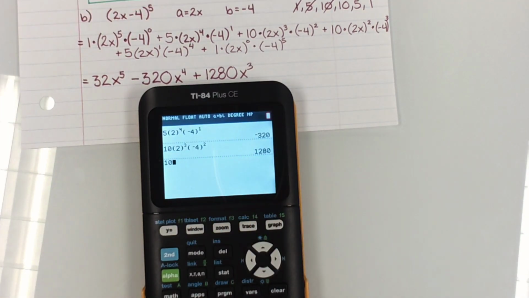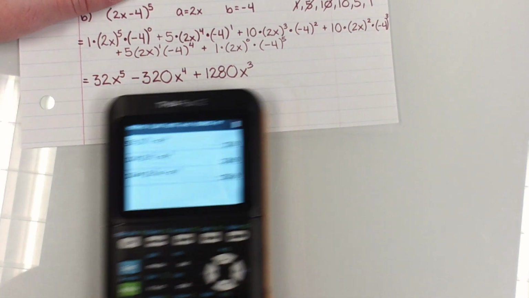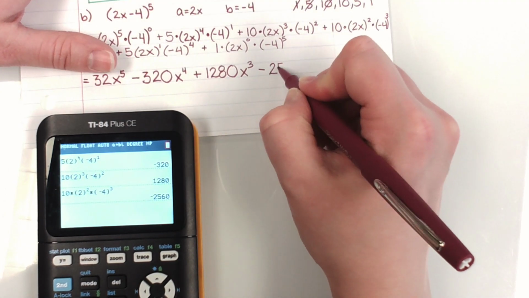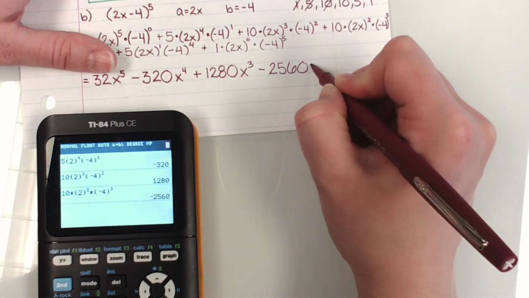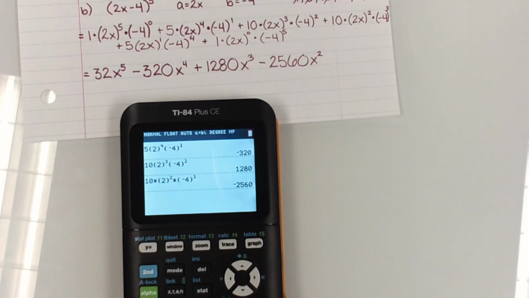Next term, 10 times 2 to the power of 2. Not minus, times negative 4 to the power of 3. Negative. So minus 2,560. X squared. 5 times 2 to the first power times negative 4 to the power of 4.